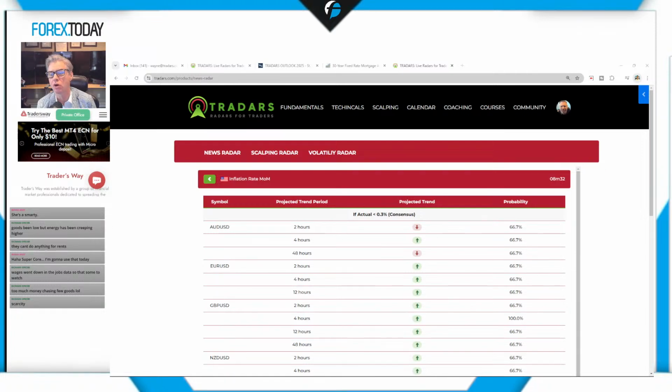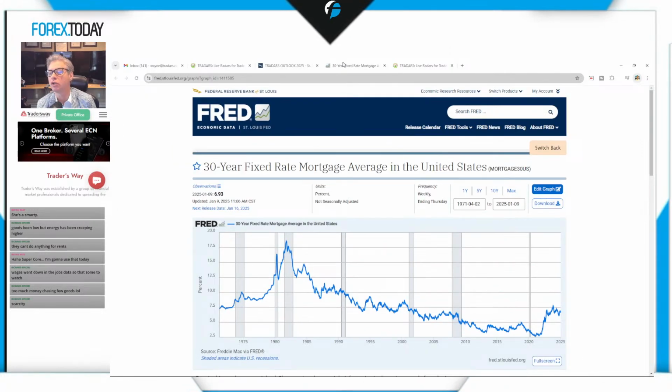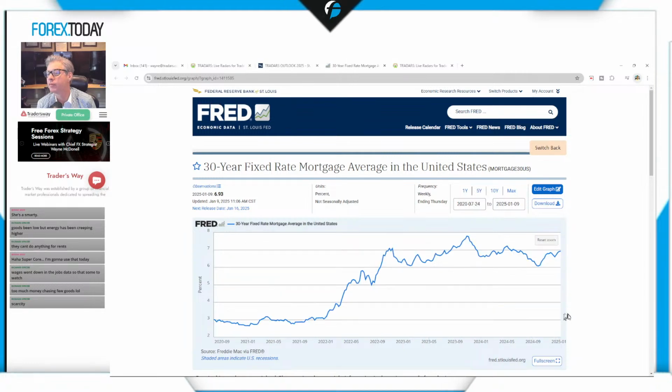And also there are signs of cooling in the real estate market. And that's why you look at 30-year mortgages, right, which I already did this morning. And so that's one way of measuring market forces.